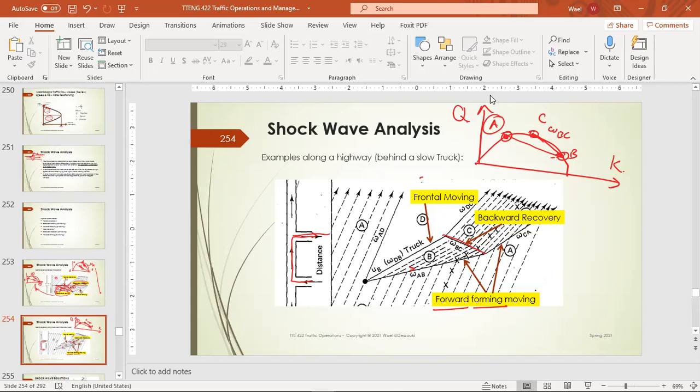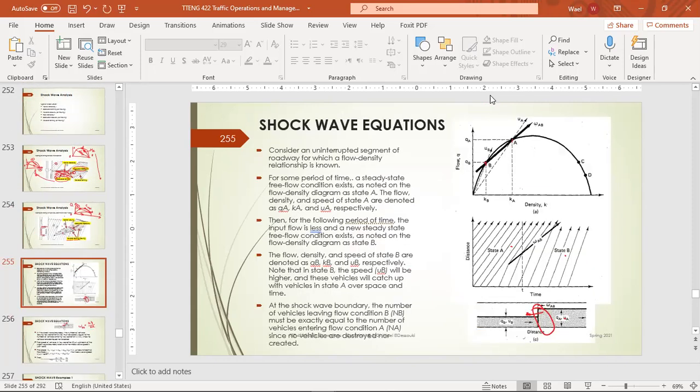Here we also have, from B to D, this wave, that's D. There is no flow here and no density, so this is omega BD. As you can see, there are different shapes, different forms, and different utilization for this shock wave analysis. Any questions so far?